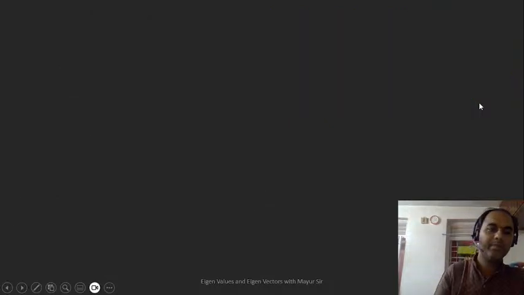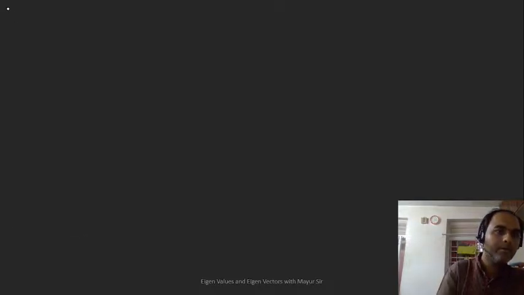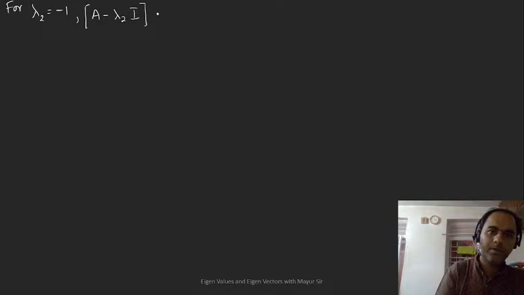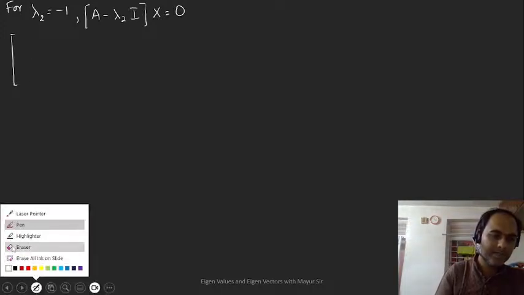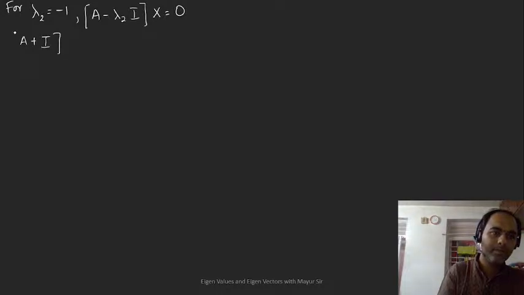So let us see. For eigenvalue lambda 2 equal to -1, we will have A minus lambda 2 I, X equal to 0. What does this mean basically? Basically it is A plus I, capital X equal to 0.